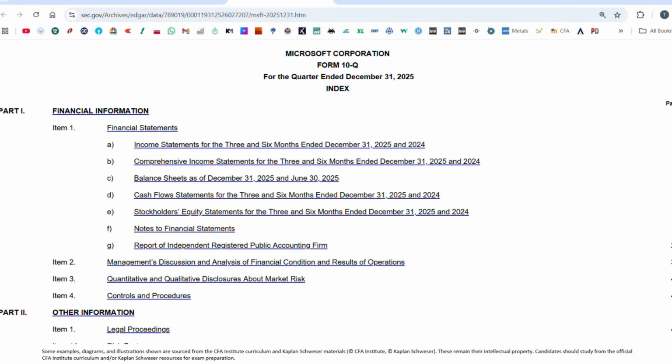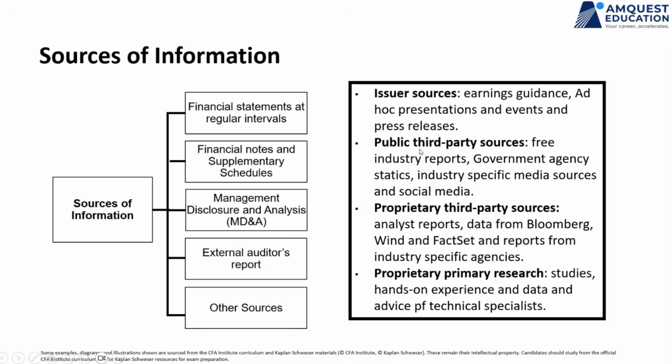So when we say that what are the sources of information, we have financial statements which are published at regular intervals. So US companies publish 10Q 3 times for 3 quarters. And then the final quarter, they publish 10K, which is their annual statement. This is their quarterly statement.